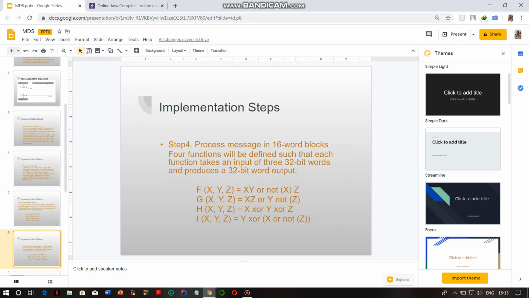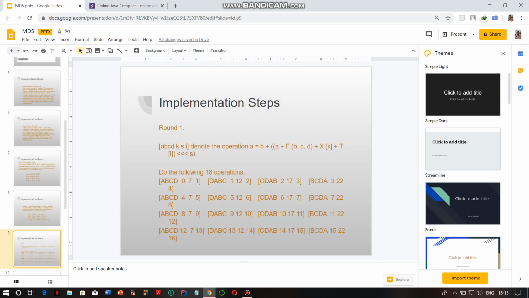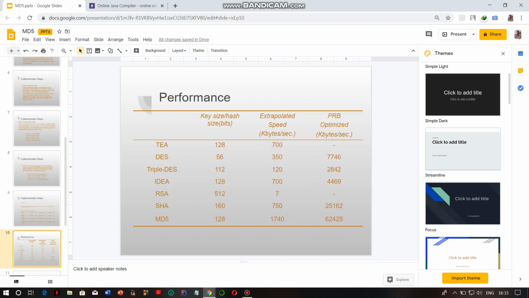These functions use logical operators like OR, XOR, and NOT. The contents of the four buffers are mixed with the inputs using these auxiliary functions, and 16 rounds are performed using 16 basic operations. This is something that I told you earlier about how the operations are being held.